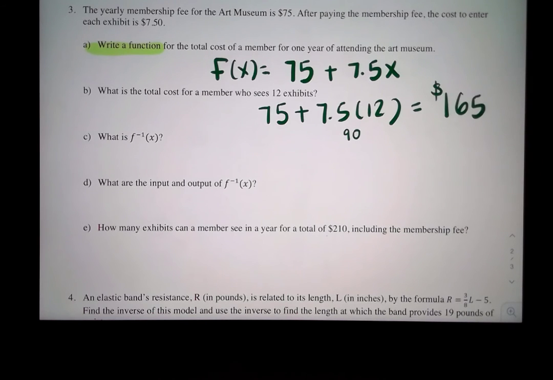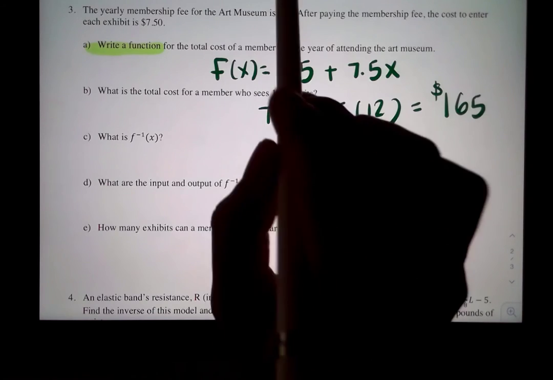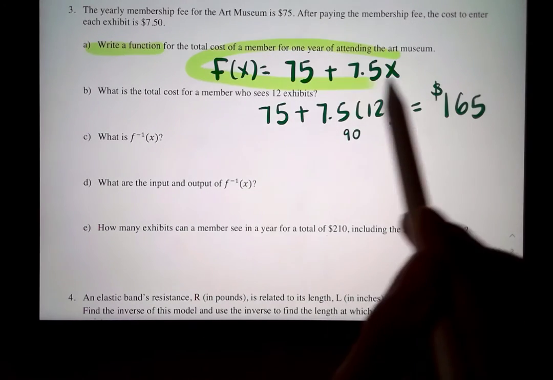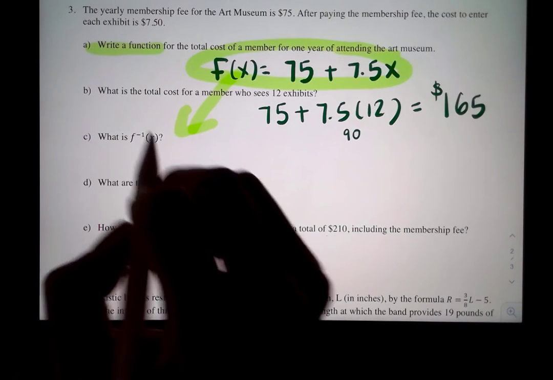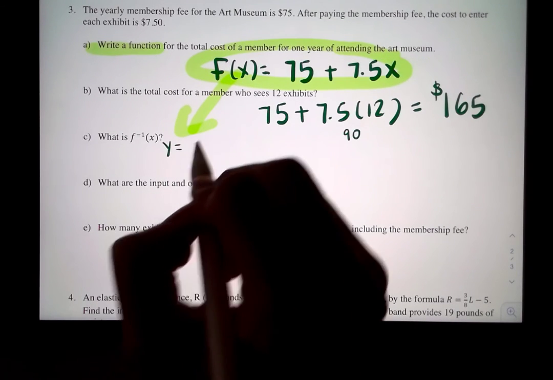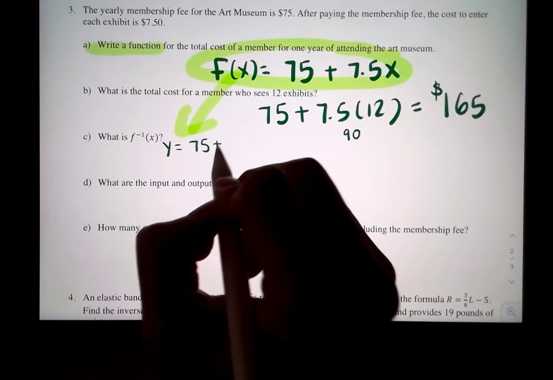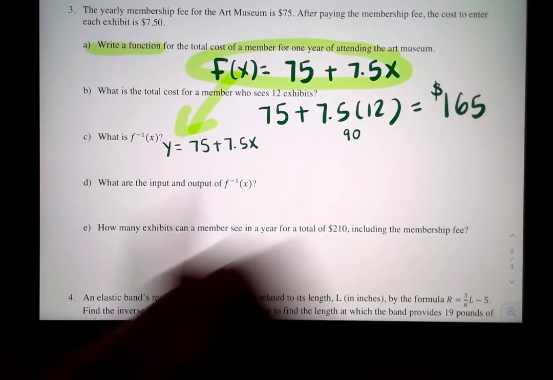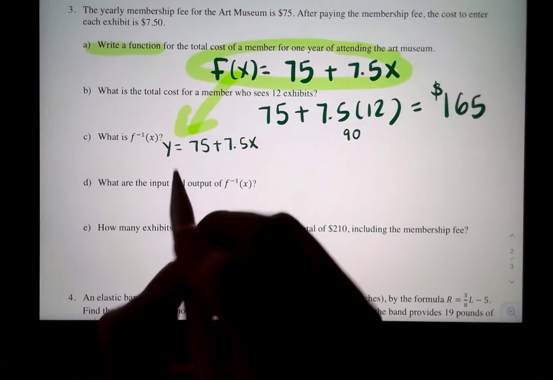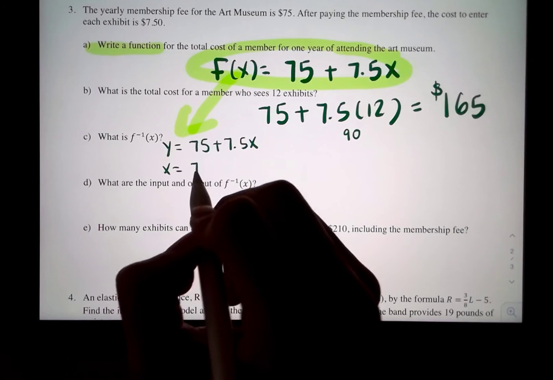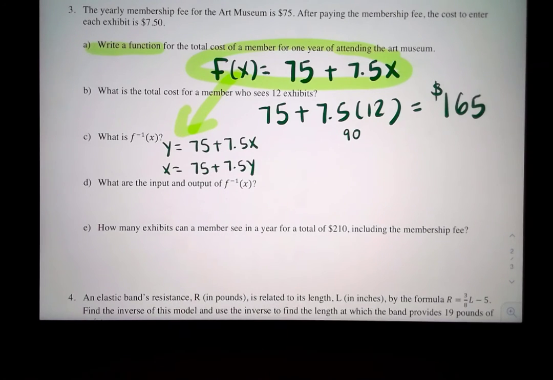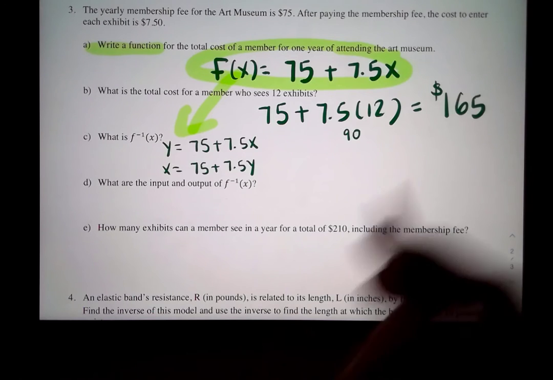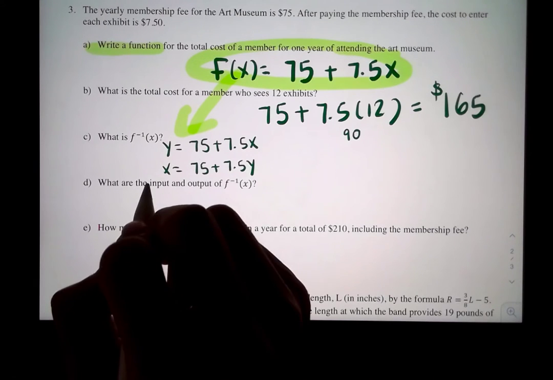And what is f inverse of x? So we need to find the inverse function. From here, we will find it. Let me write it. Y equals 75 plus 7.5x. Change x and y. And minus 75, minus 75, minus 75.